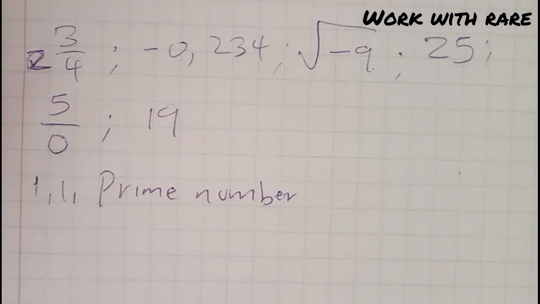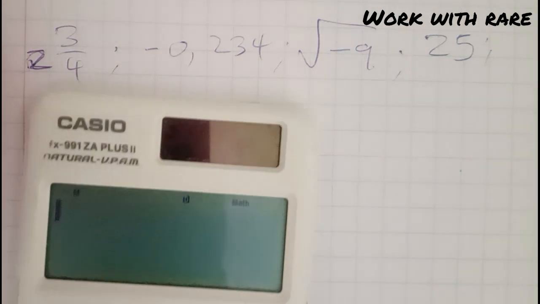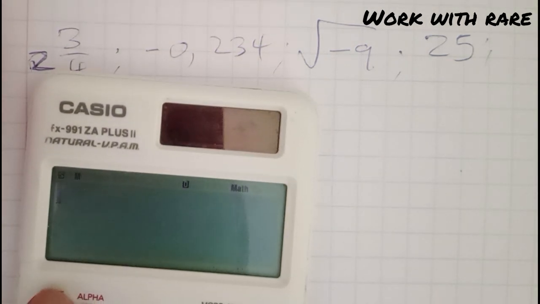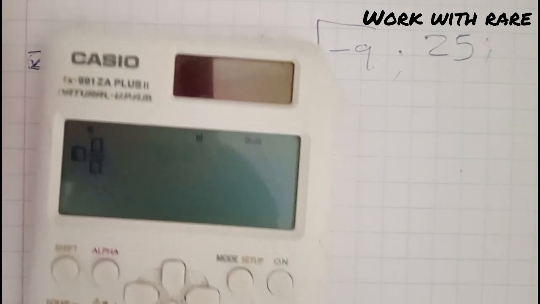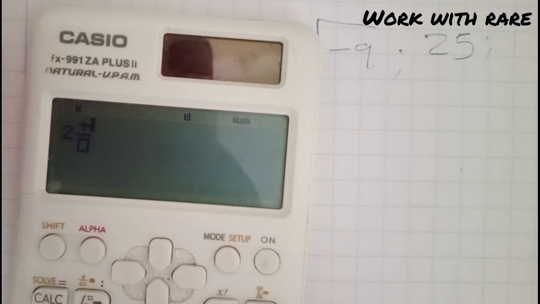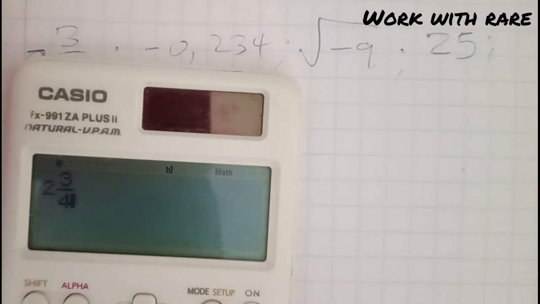Okay, so the first one, it is a mixed fraction. For mixed fraction, I'll press shift, then this, then I will say, okay, here it's 3/4.